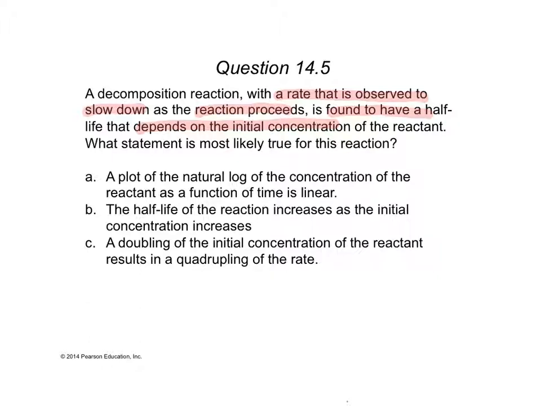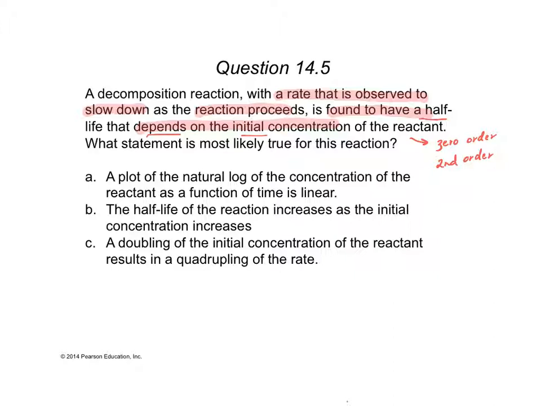So there's a couple of things that are important to note here. This part, that the half-life depends on initial concentration, notes that this has to be either a zero order or a second order.